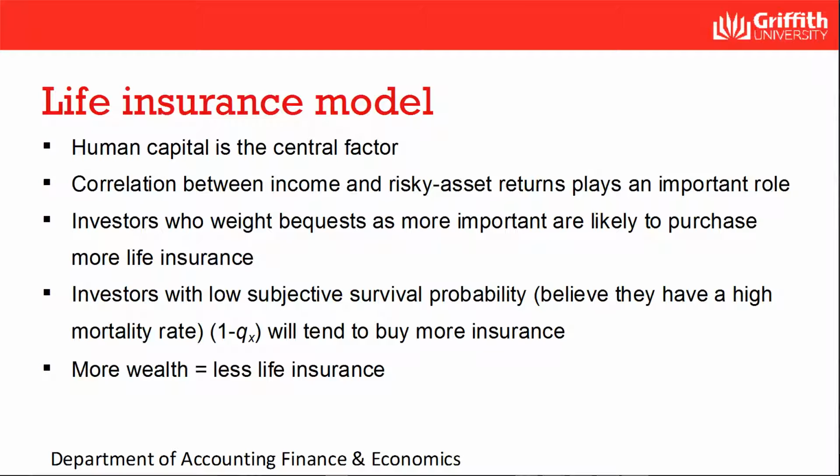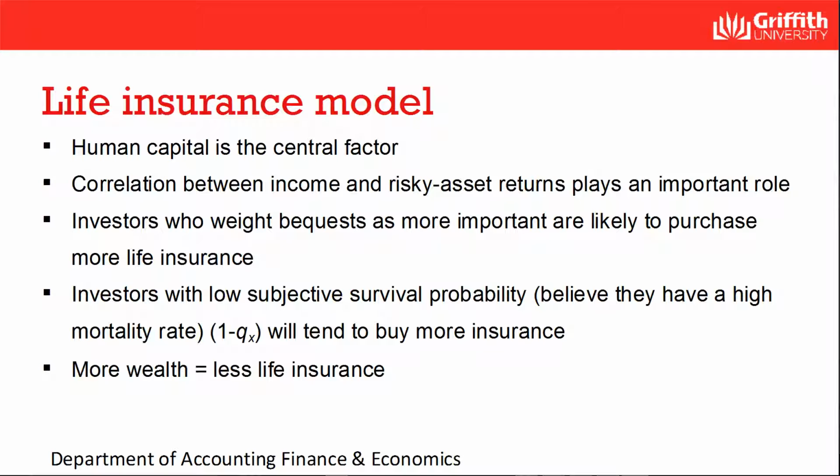That is, it reduces the demand for life insurance. The reason is that the higher the correlation, the higher the discount rate used to estimate human capital from future income. A higher discount rate implies a lower amount of human capital, thus less insurance demand.